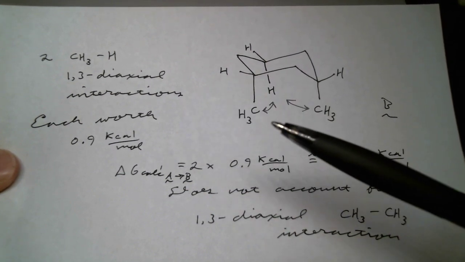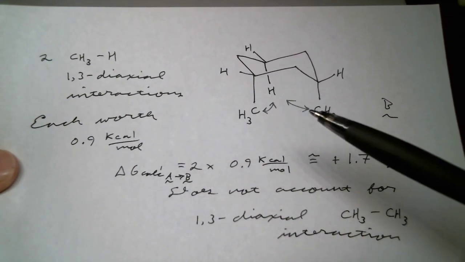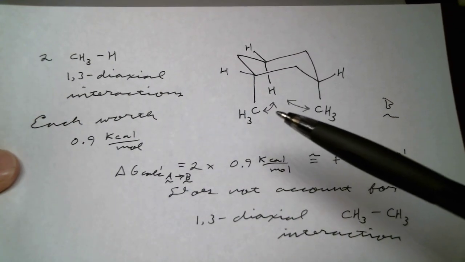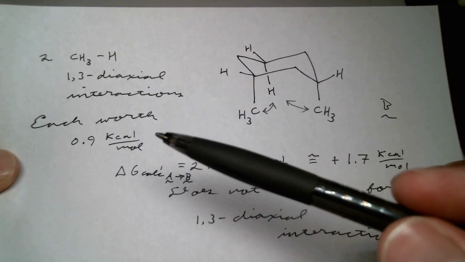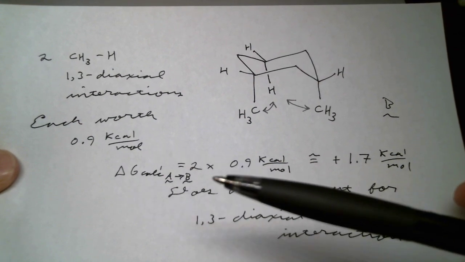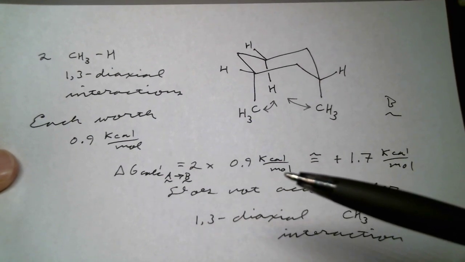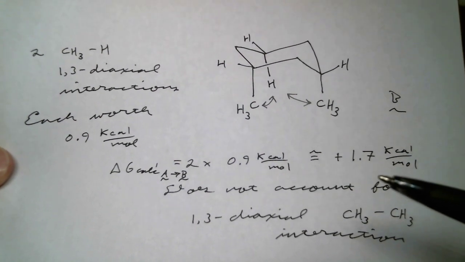Well, he sees that there are 2 methyl hydrogen 1,3-diaxial interactions, and each of those is a gauche butane-like interaction that is worth 0.9 kcals per mole, and we all know that 2 times 0.9 kcals per mole in organic chemistry math is plus 1.7 kcals per mole.